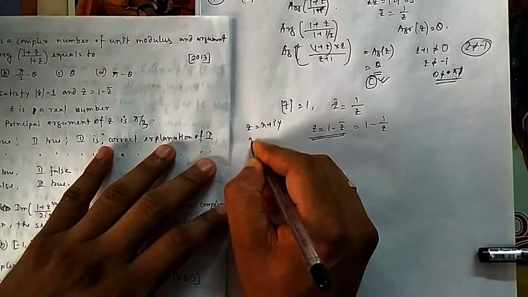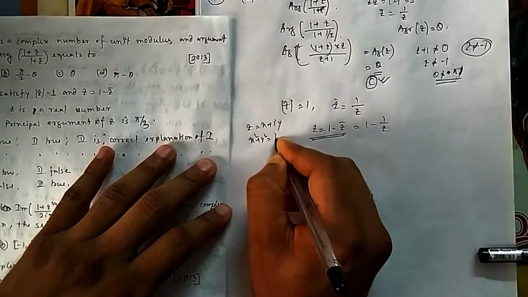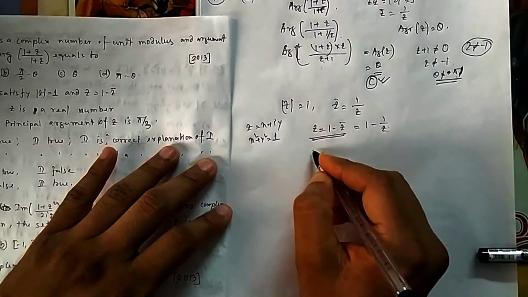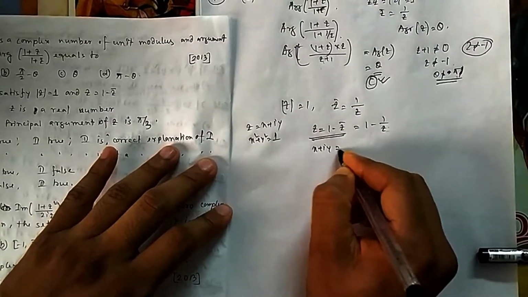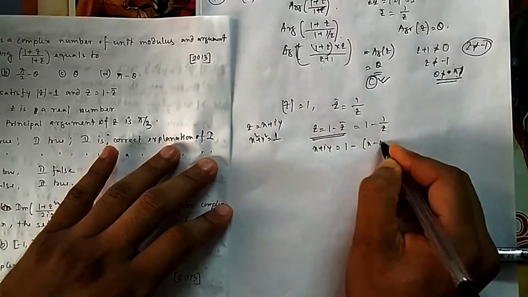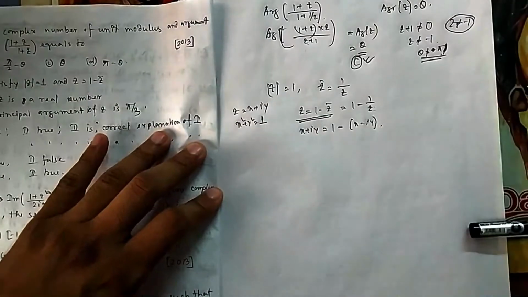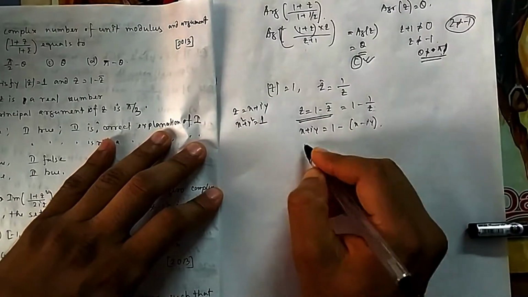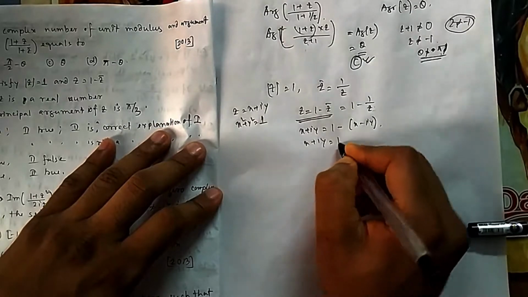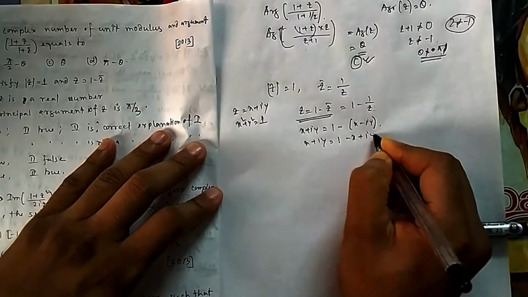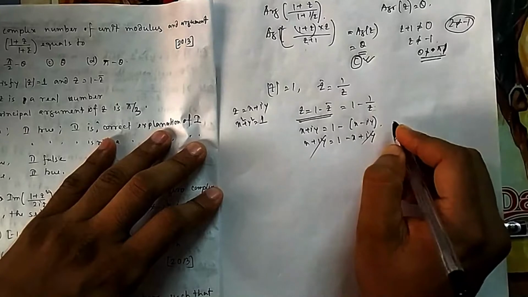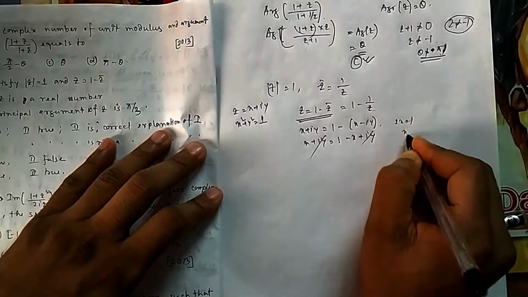So they have given X square plus Y square equal to 1. So we apply here, X plus iY is equal to 1 minus (X minus iY). So if you do this, it will be X plus iY is equal to 1 minus X plus iY. So iY gets cancelled, you have 2X equal to 1 or X equal to half.